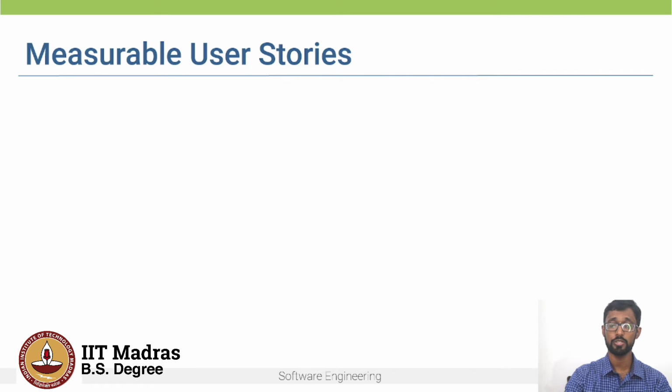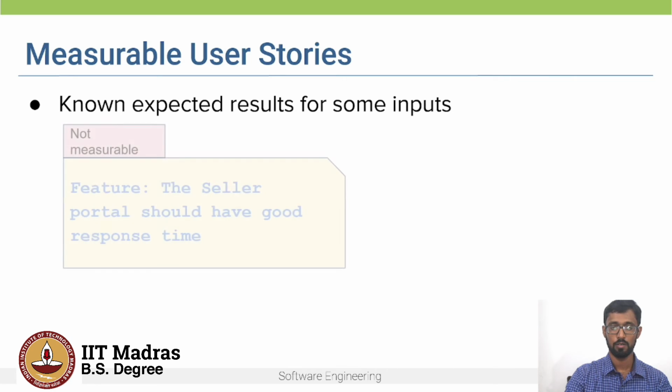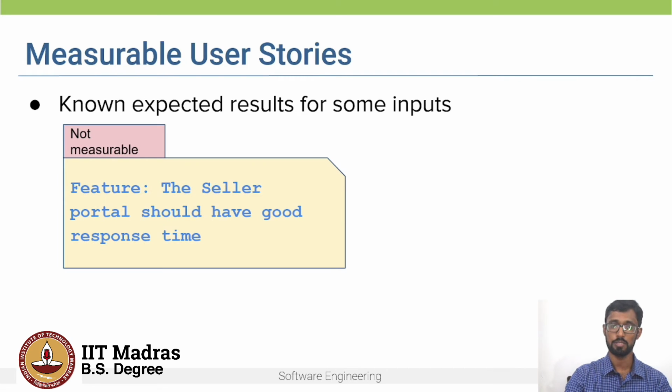Next, user stories should be measurable. Each story should be testable, which implies that there are known expected results for some good inputs. So let's take this feature: the seller portal should have good response time. What do we mean by good?